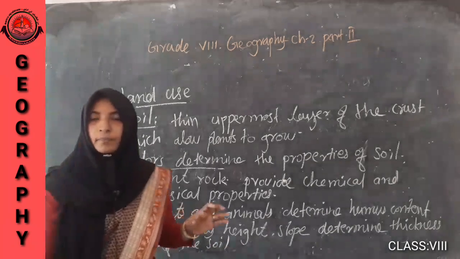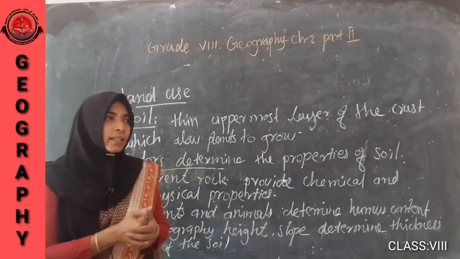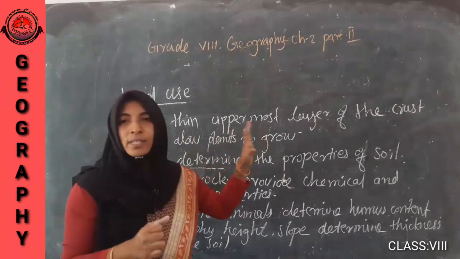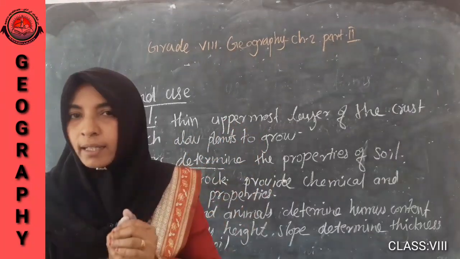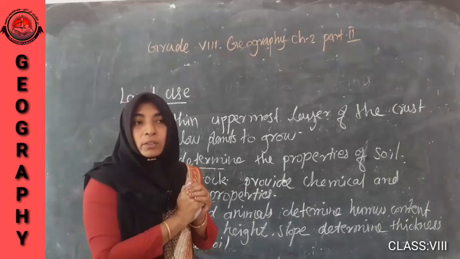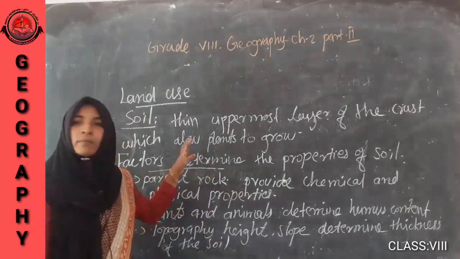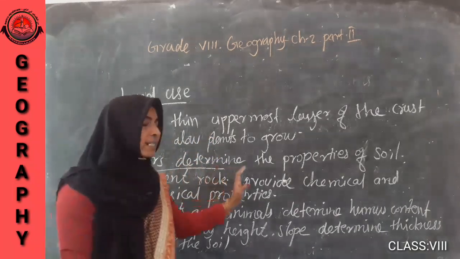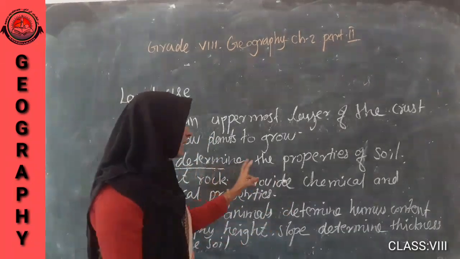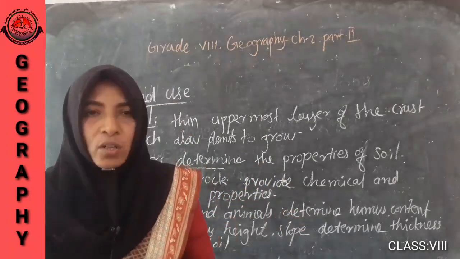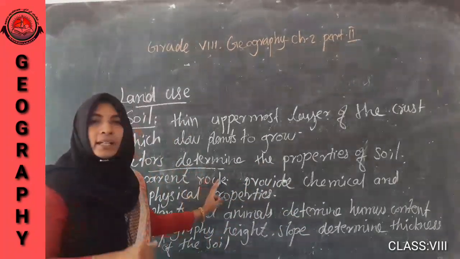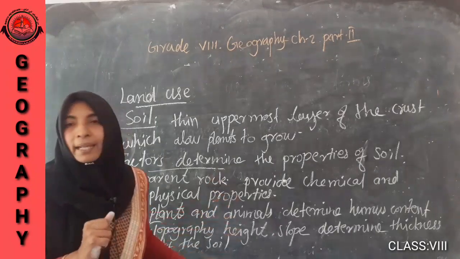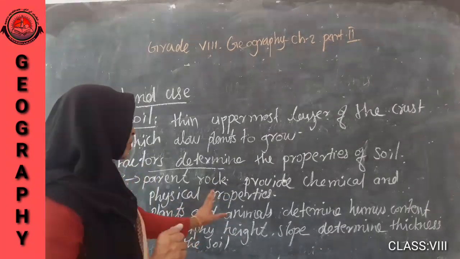Listen. Soil means what? The uppermost layer of the earth crust which allows plants to grow. Which are the factors that determine the properties of a soil? First one, the parent rock provides chemical and physical properties.